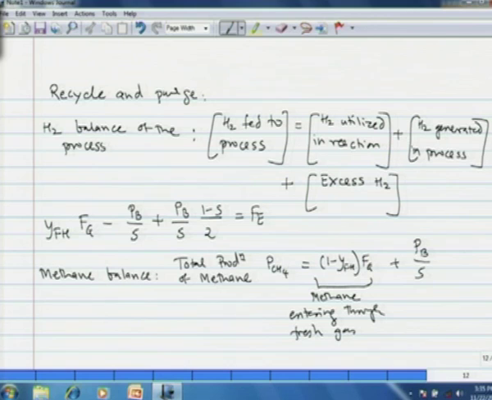Okay. Now, this is the purge methane, the methane that is in the purge stream.